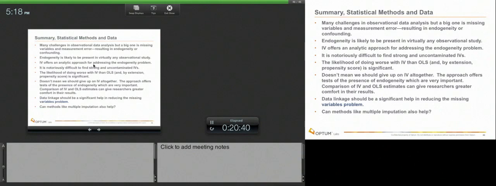So what you can potentially do is estimate the bias associated with using claims data alone, and how that gets reduced by bringing in the linked clinical variables.